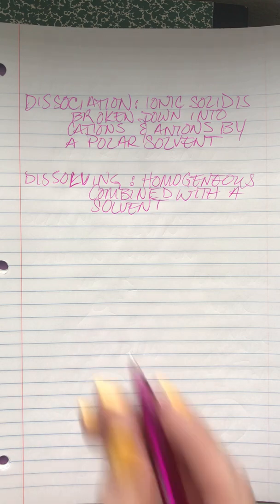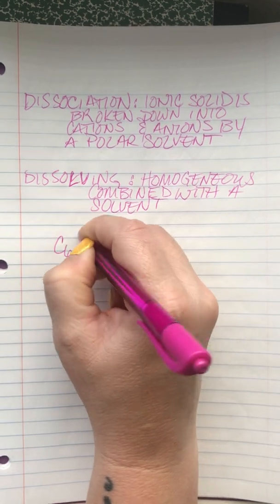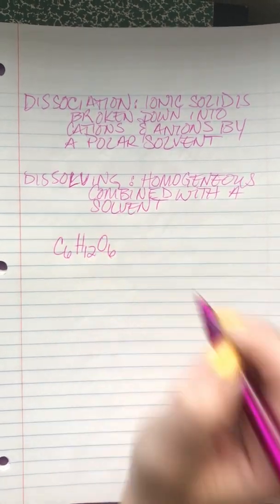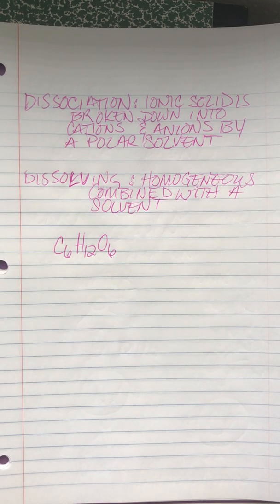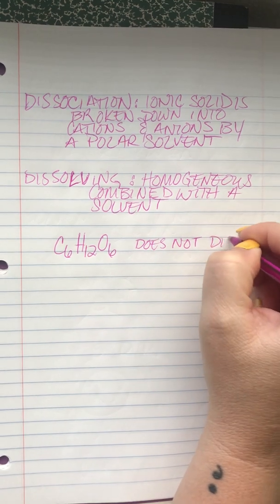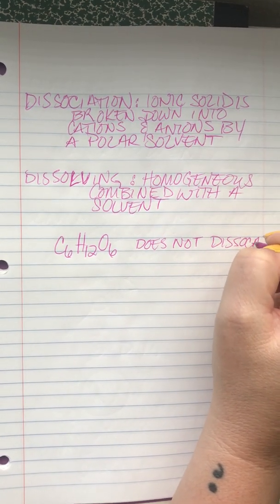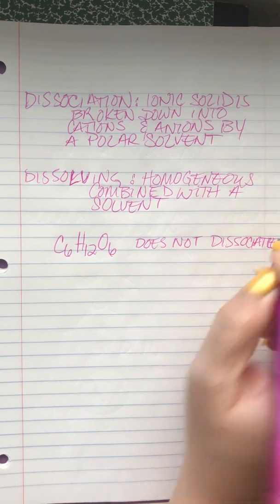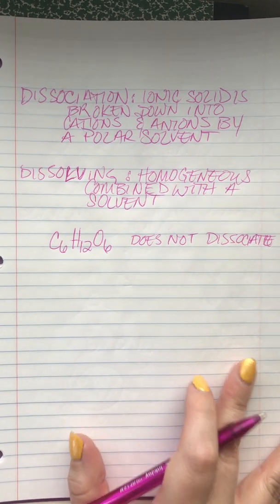For example, our old friend glucose. This is a form of sugar. There are lots of different kinds of sugars. But we know that if we put sugar into water, what happens? It dissolves, exactly. But what it does not do is dissociate.